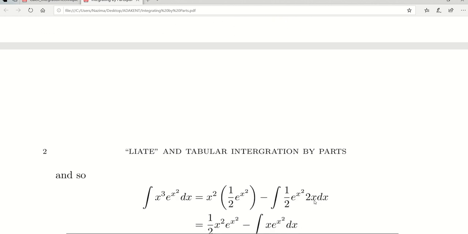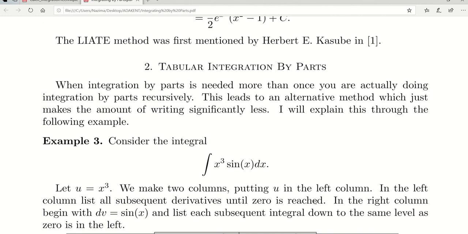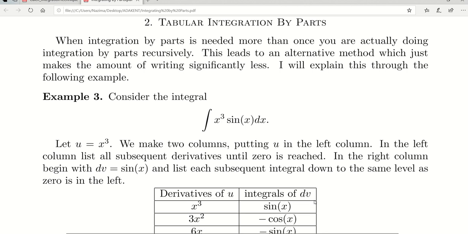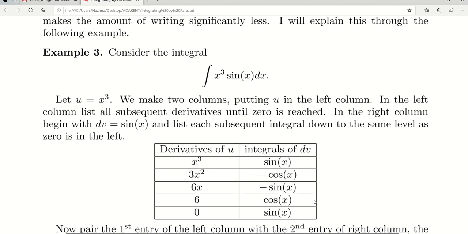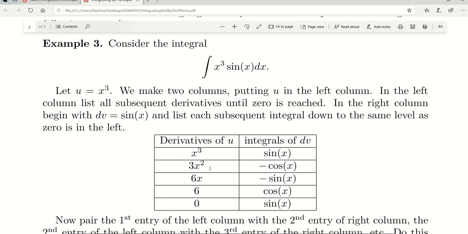This was one way of integration by parts. Now we are seeing another way, and this is the tabular integration method. In this method, okay, again we find u and dv. In this tabular integration, we take u as it is according to the rules.